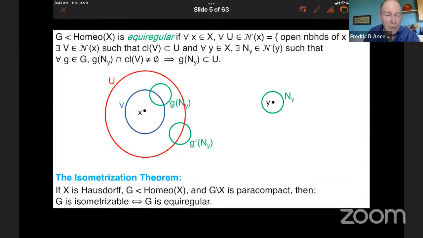And there were other theorems like this already known, having to do with proper isometrization of the group. In other words, finding proper pseudometrics or gauges that make the group a bunch of isometries.